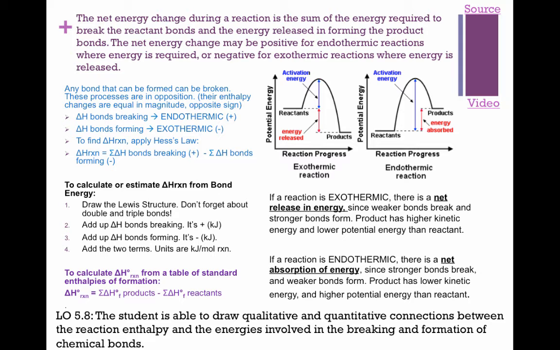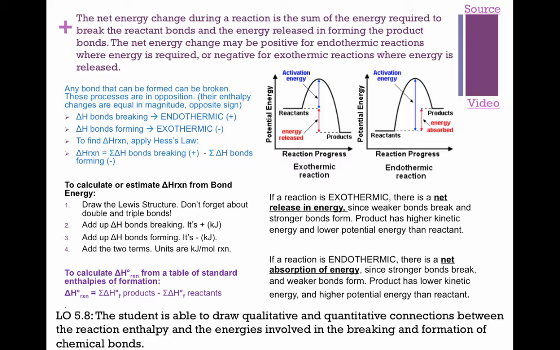So the delta H of reaction equals the sum of bonds broken minus the sum of bonds formed. This is something that is not on the equation sheet, but you want to know. Broken minus formed. And here's why it's like this.